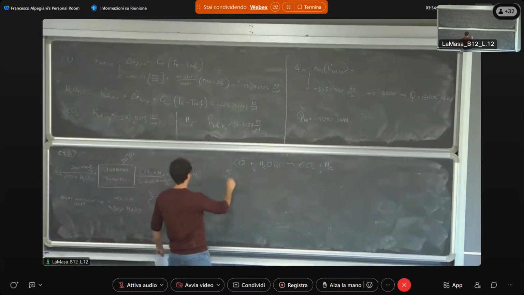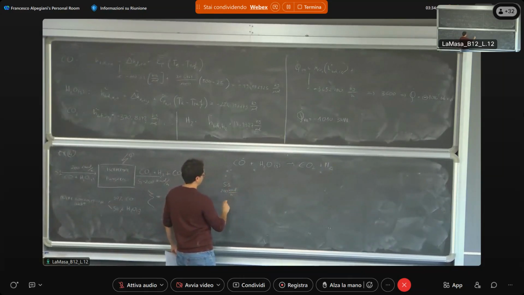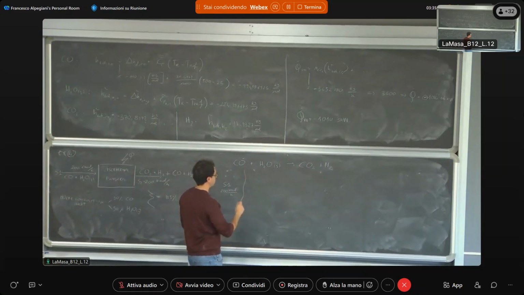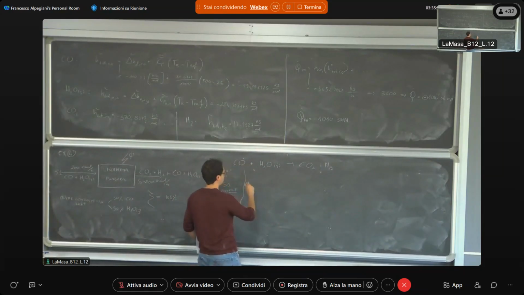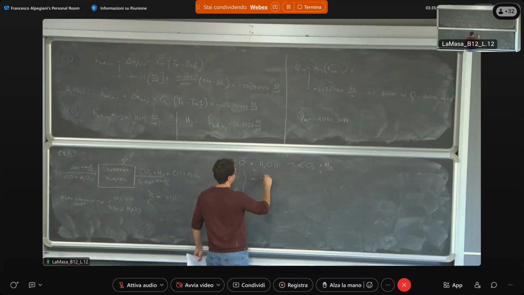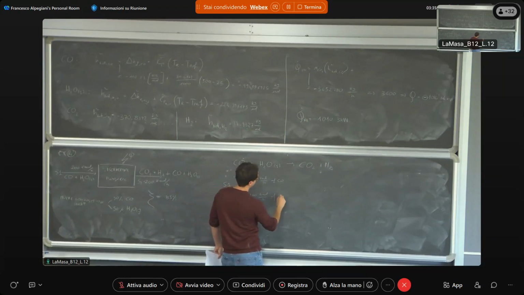So let's say S1, which is the inlet stream, is always 200 kilomole/hour. And since the molar composition is always 50% CO and 50% water, you have 100 kilomole/hour of CO and 100 kilomole/hour of H2O.